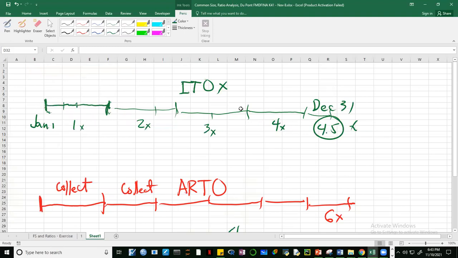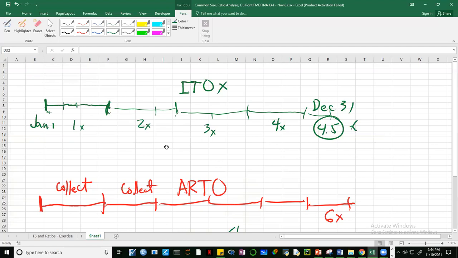Yung 1, 2, 3, 4.5 times, we can convert each of them. Itong 1 times na to, ilang araw yan? Kung alam natin, guys, yung operating period, we can easily compute for how many days it takes the company to buy raw materials, convert to finished product, and then sell. And we call that the days inventory outstanding.